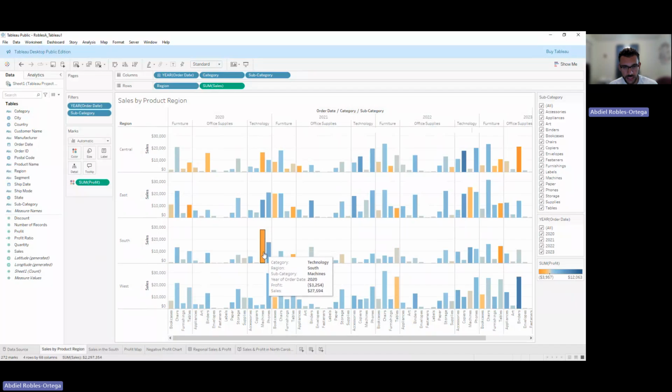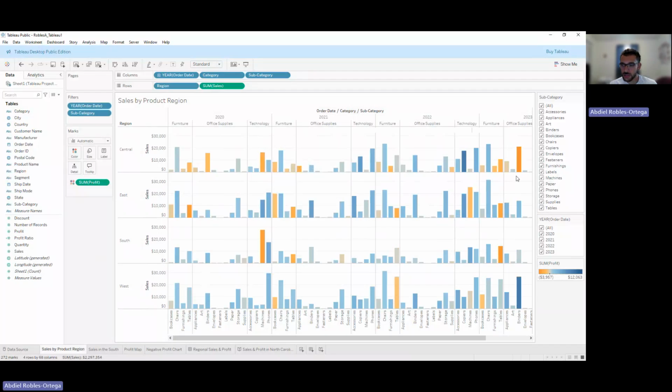However, there is a negative profit. If we look further down in 2023, at furniture, we can see that there were sales of $14,108. However, there's a negative profit of $3,598.